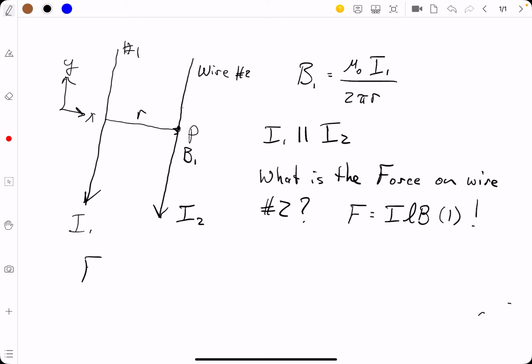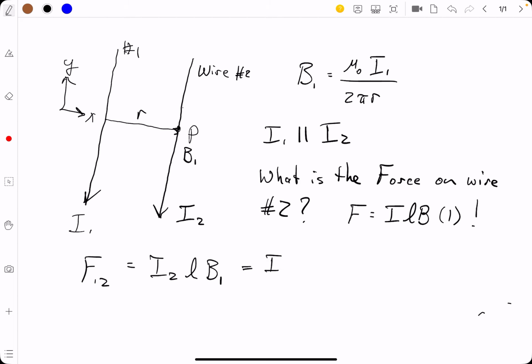So the force of 1 onto 2 is equal to I2 L B1. But we just figured out what B1 was, so let's put that in there.